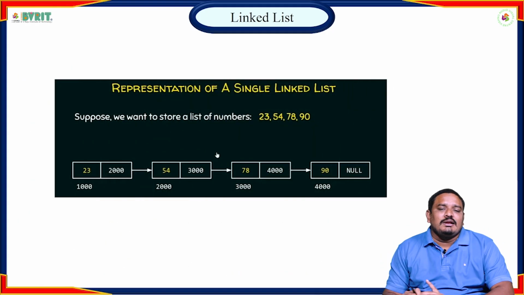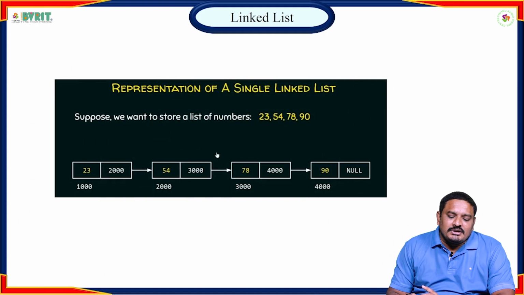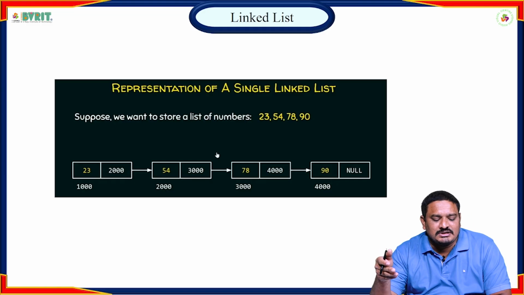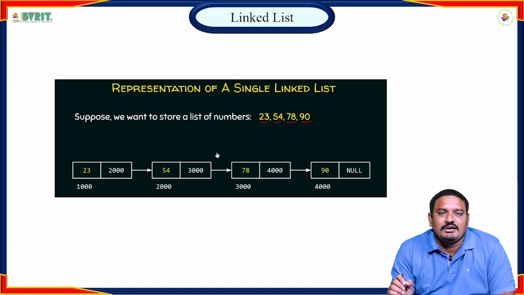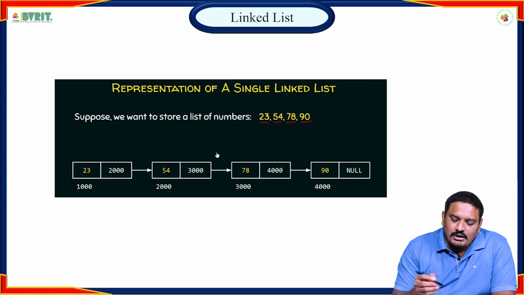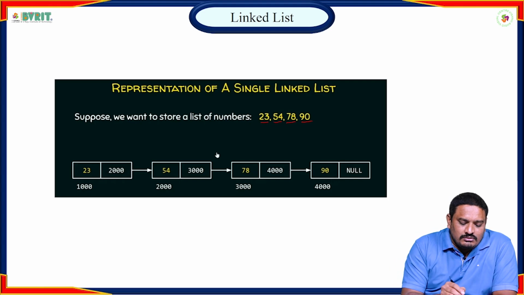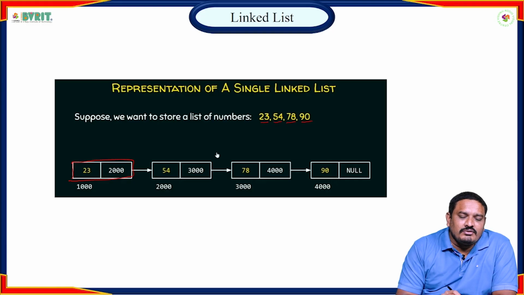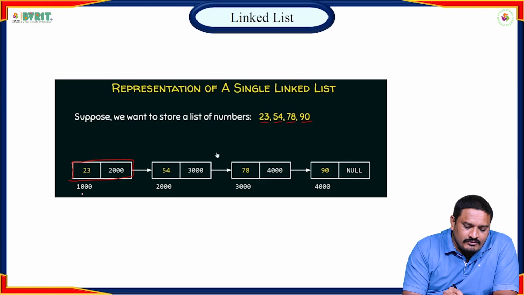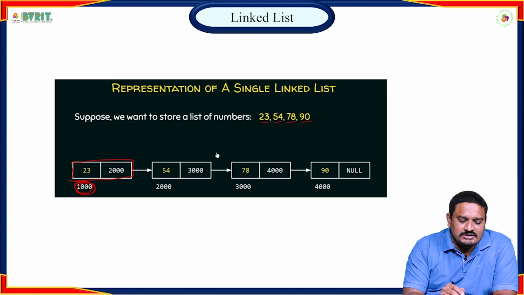Here is the representation of the single linked list, one of the best examples. Suppose we have to store a list of the numbers 23, 54, 78, 90. So, how do we define the node? The node is this one. First, initially we create a node with some address. 1000 is the address of this node.